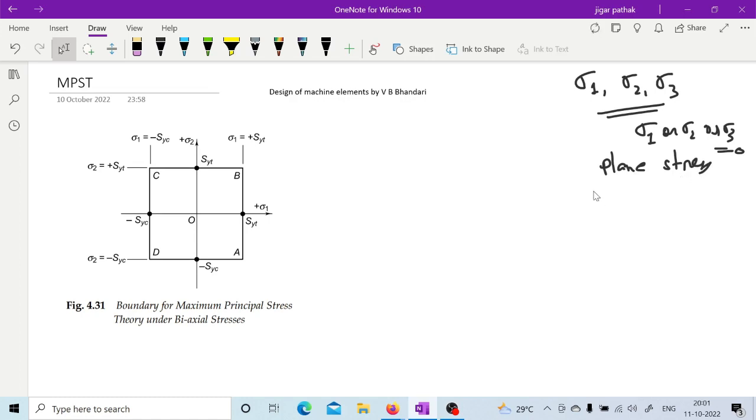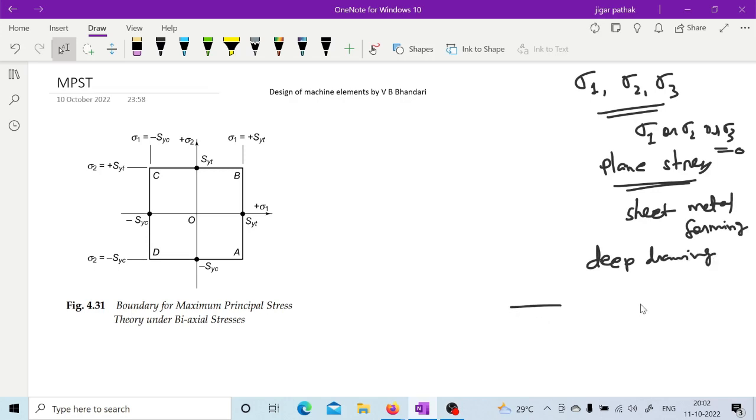And plane stress is generally found in applications like sheet metal forming and deep drawing, right?